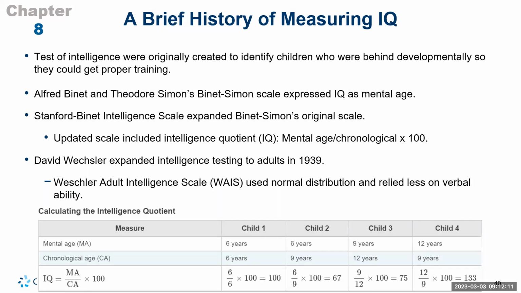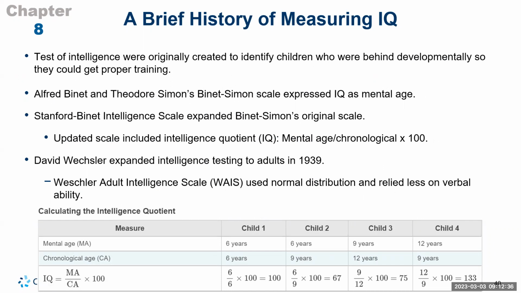Okay. So for intelligence, when we're measuring intelligence, this is kind of a history, right? So at the beginning, when they were measuring intelligence, they were trying to determine kind of what children were behind developmentally, right?